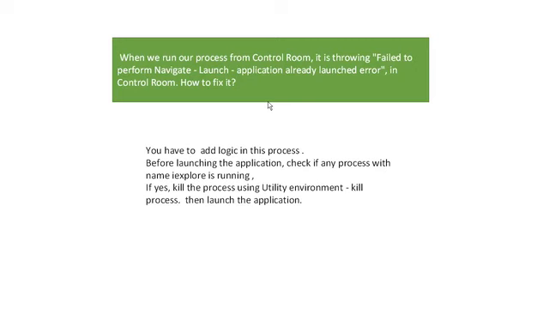This visual business object will take all the processes, so you can check if it is running or not. If yes, then kill the process using the Utility Environment visual business object, which has a kill process command. Then launch the application again. In that case, you can avoid this type of issue.